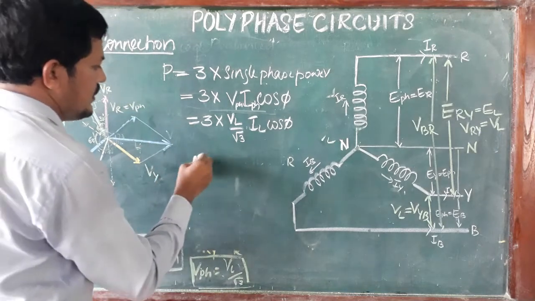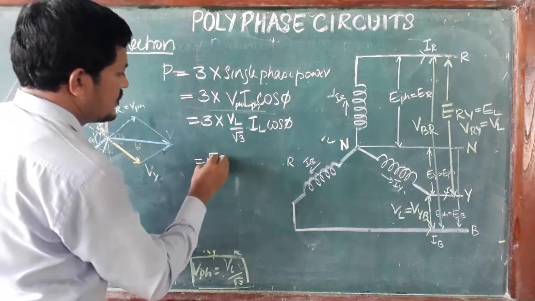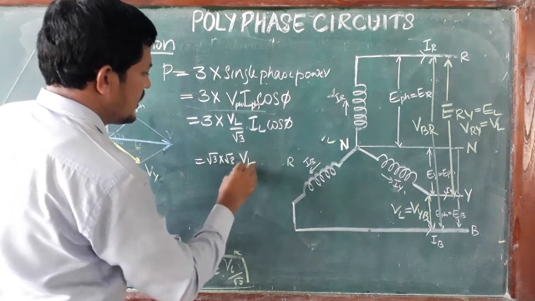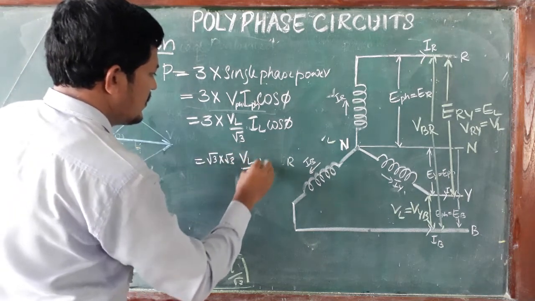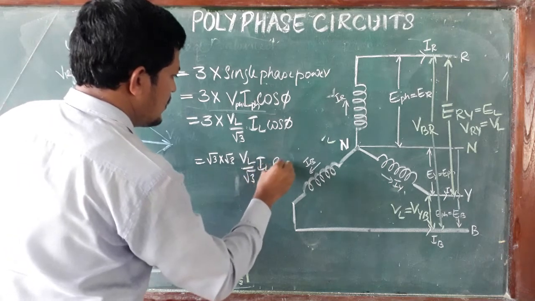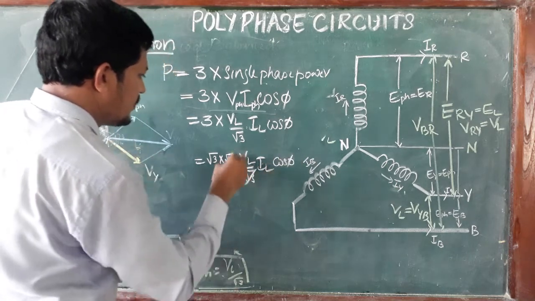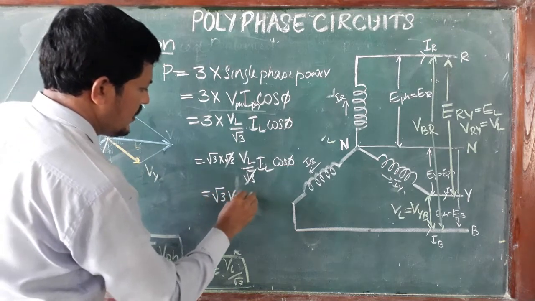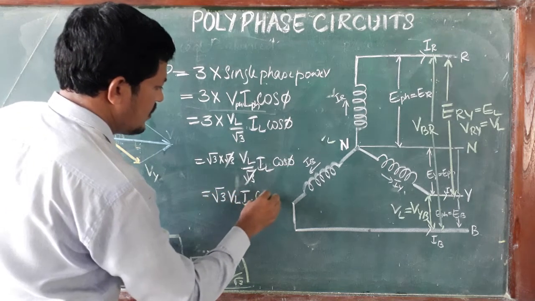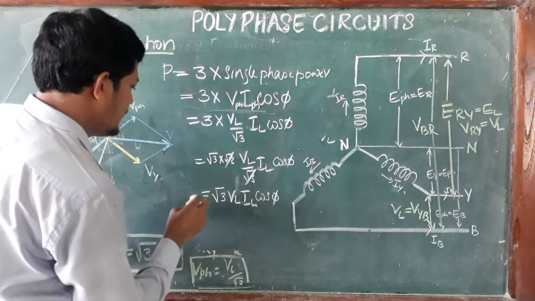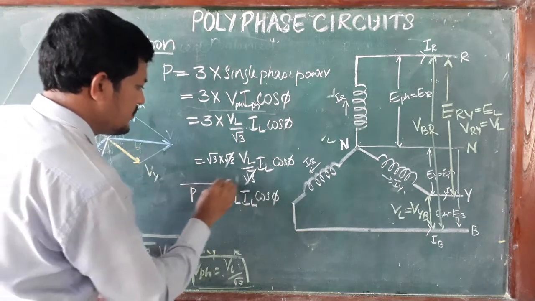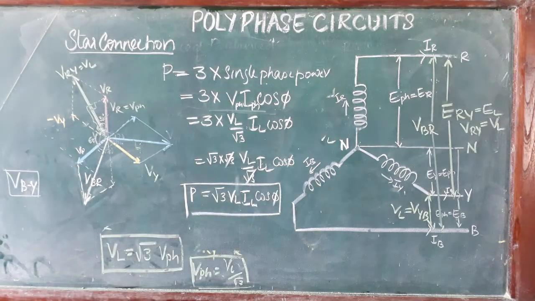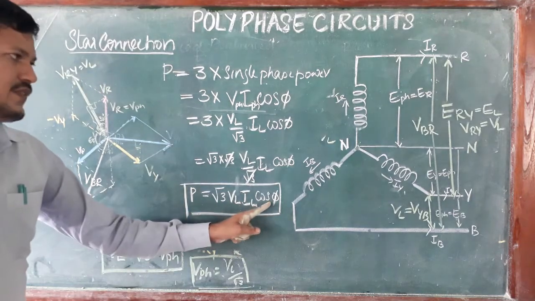Here instead of 3 I am writing root 3 into root 3, so one root 3 is cancelled, and the remaining is root 3 VL IL cos phi. This is the power in a 3-phase star connected system: root 3 VL IL cos phi.